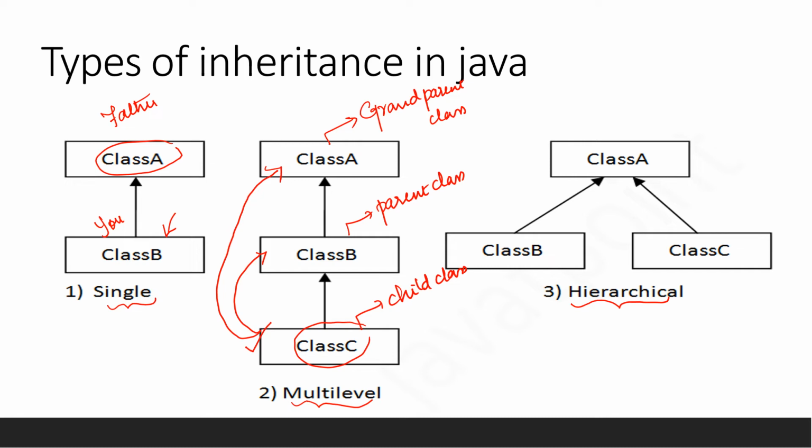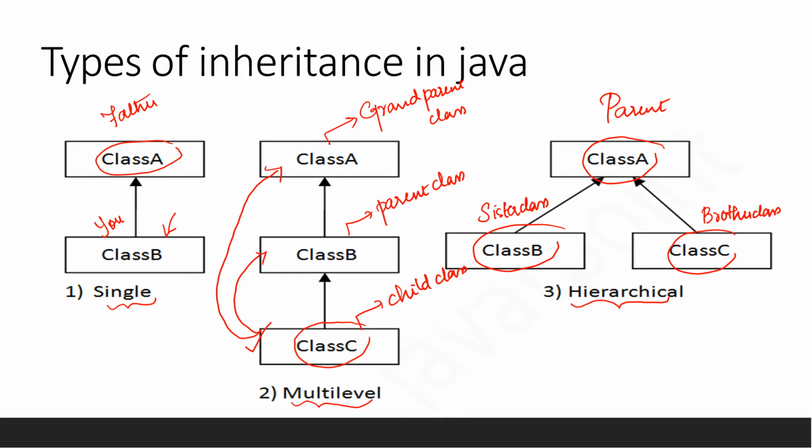So in hierarchical inheritance, two derived classes are inherited from one base class, that is, this is the parent and these two are siblings. Let us consider these two are siblings, and this is the sister class and this is the brother class.